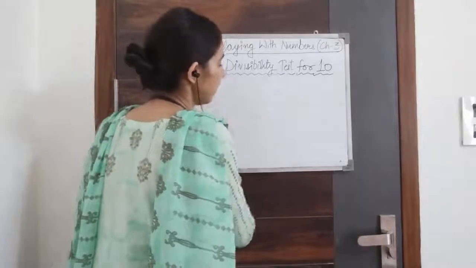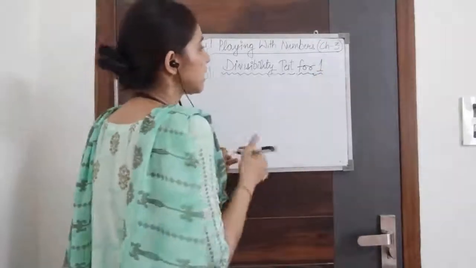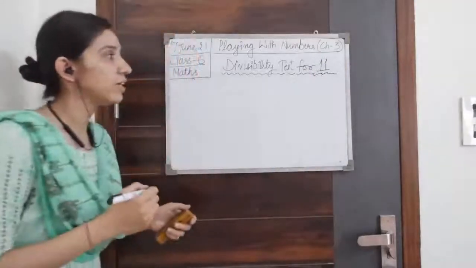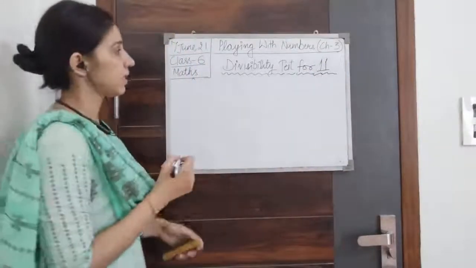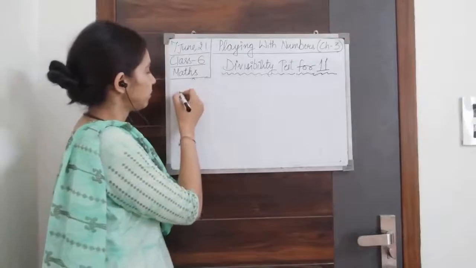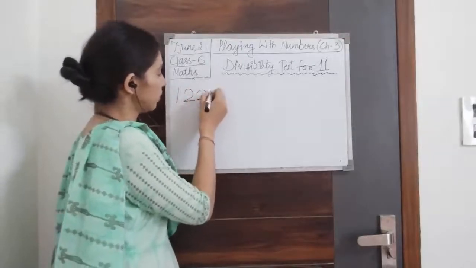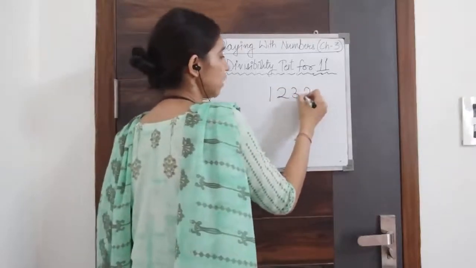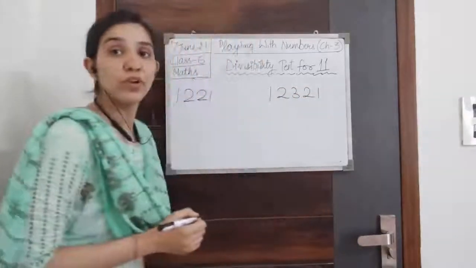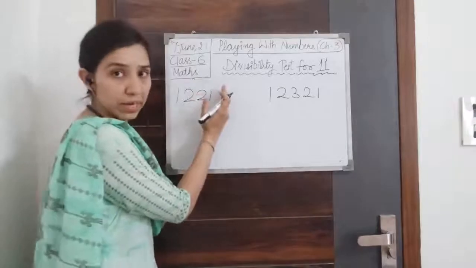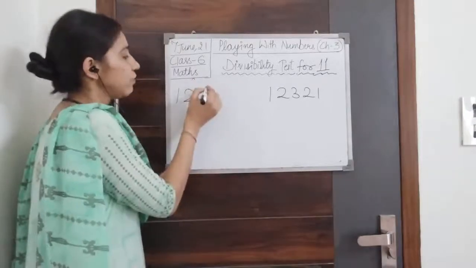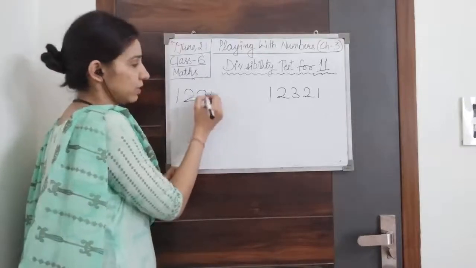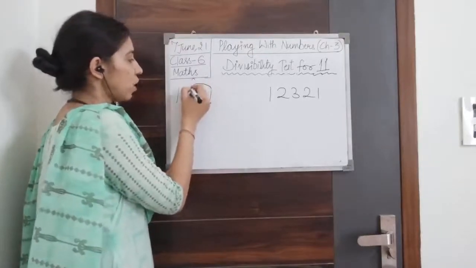Next, and the last one, is divisibility test for number 11. 11 का सबसे different है. कैसे? Suppose we have a number 1221, another number 12321. What we will do, we will start from right and we will add numbers on odd place and even place. ठीक है, odd place पे numbers को हम add करते जाएंगे.